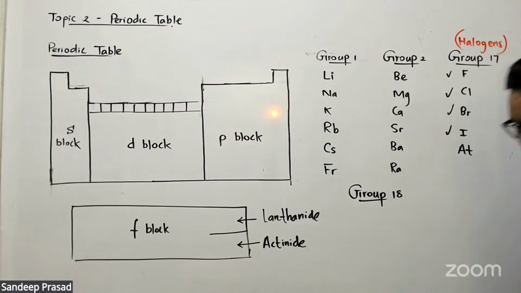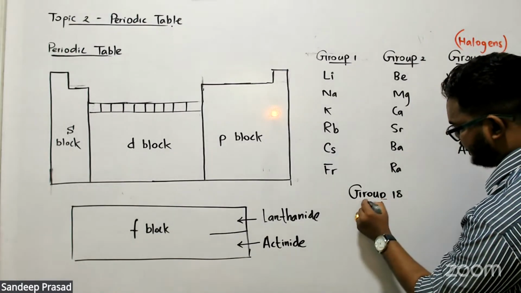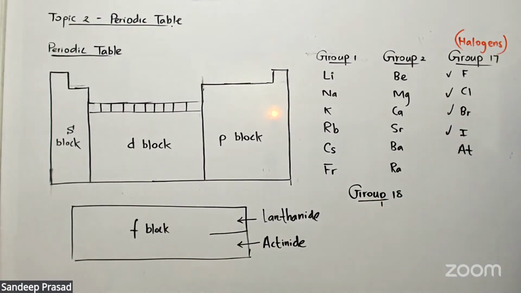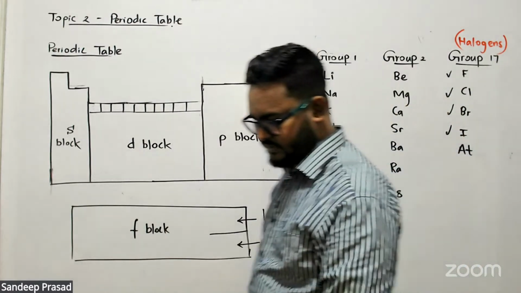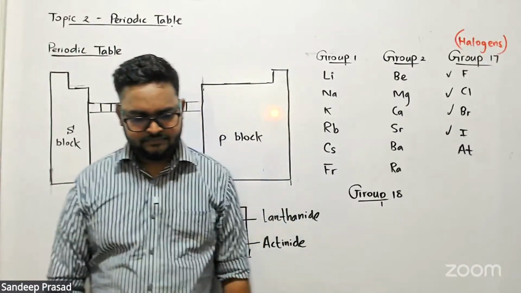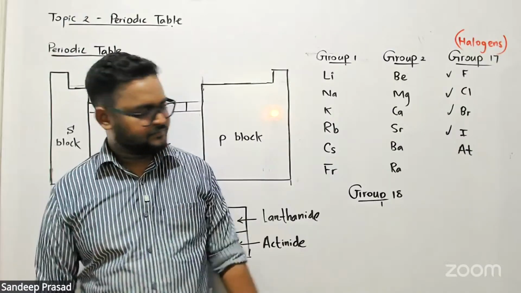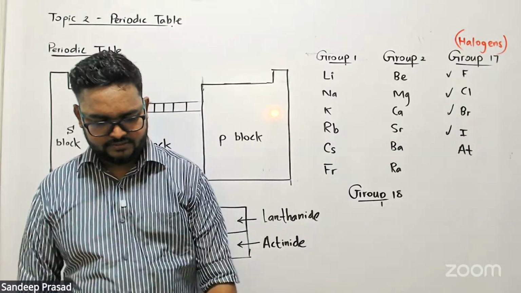So those are known as halogens. For group number 17 elements, we have given a specific name like halogens. Understood? Tell me group number 18 elements. They are known as?